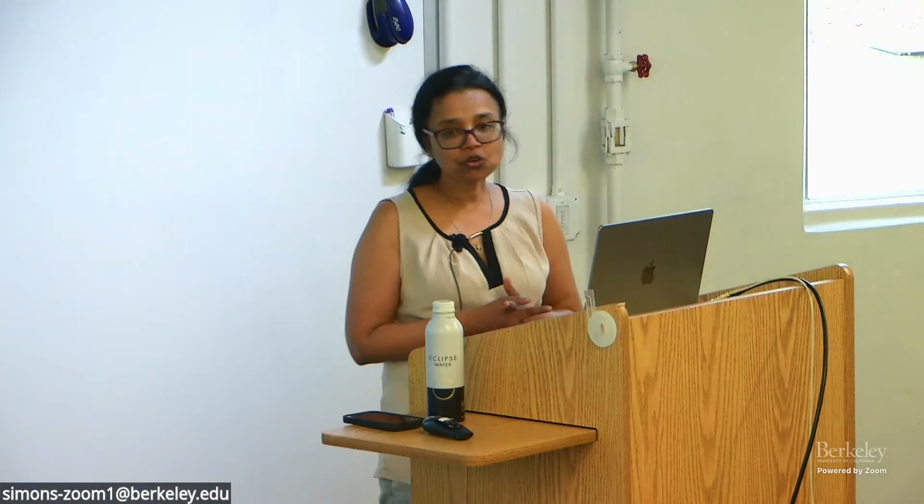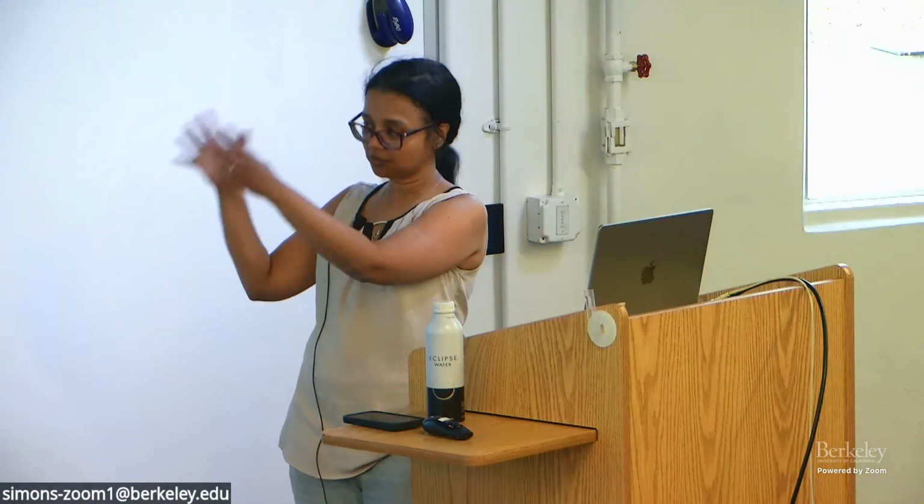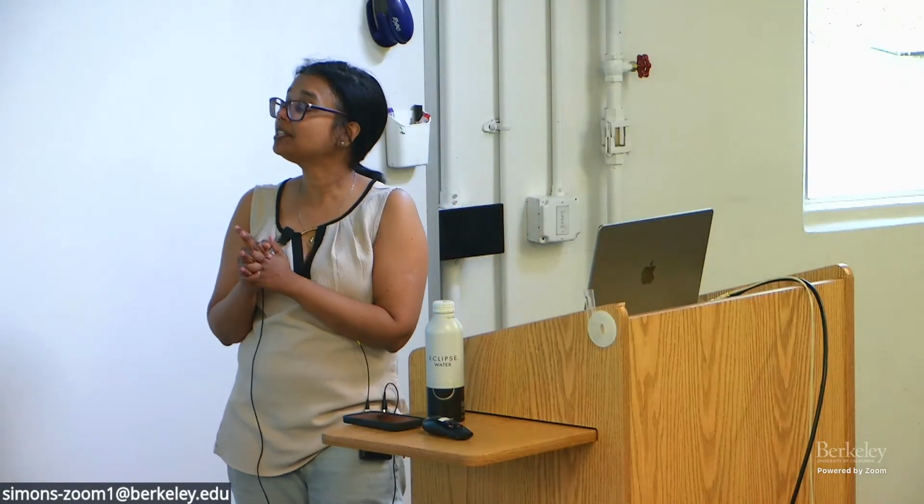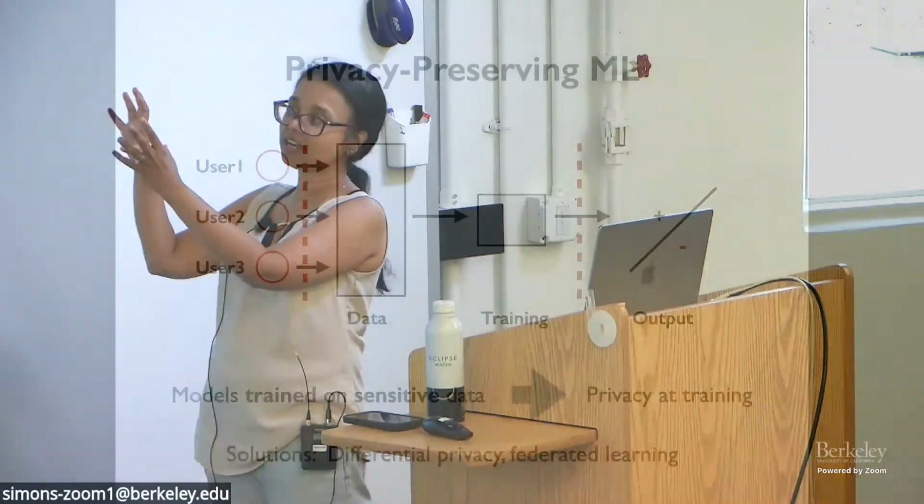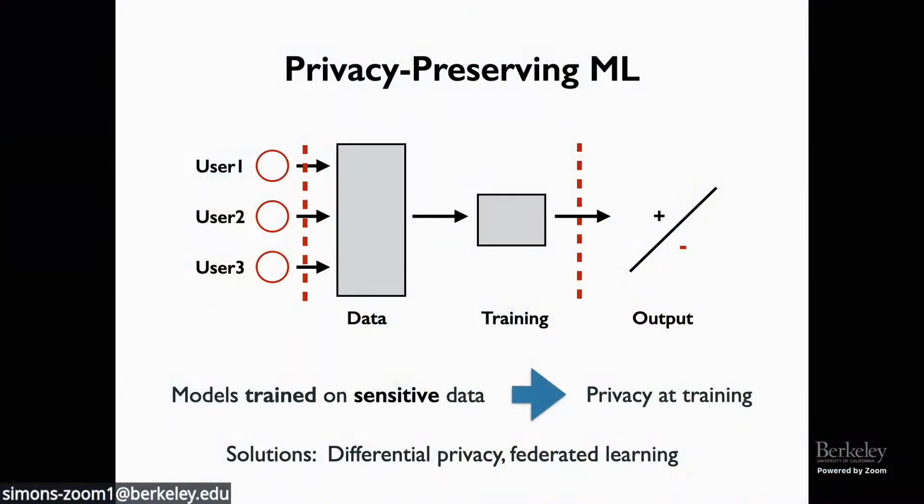Okay. So throughout most of the workshop, what we have been hearing about is privacy-preserving ML. And this is also something that I have worked on for many years. What goes on in privacy-preserving ML is, this is kind of one of the core problems. You are trying to train a model, and the training data of the model is sensitive, right?